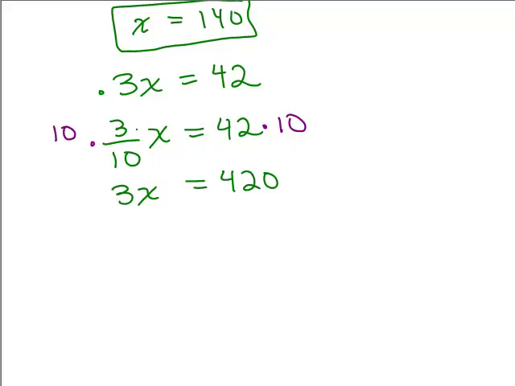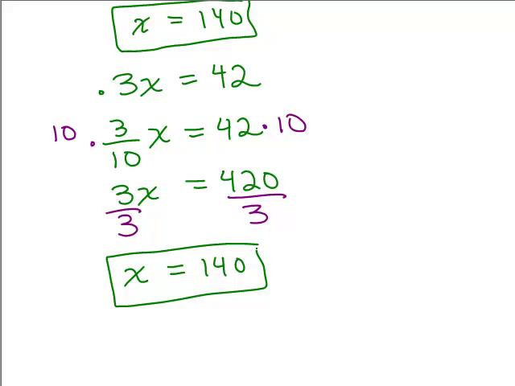And then by just rewriting that as a fraction and multiplying both sides by 10, I got an equation that has integers in it. All right, so now we can easily solve this. We just divide by 3, and we get x equals 140. Okay, that's method 2. Change the decimal to a fraction and multiply by the least common denominator.